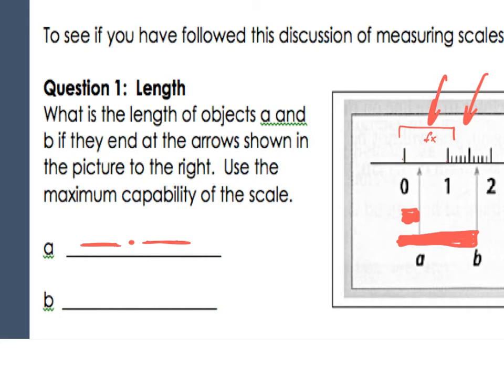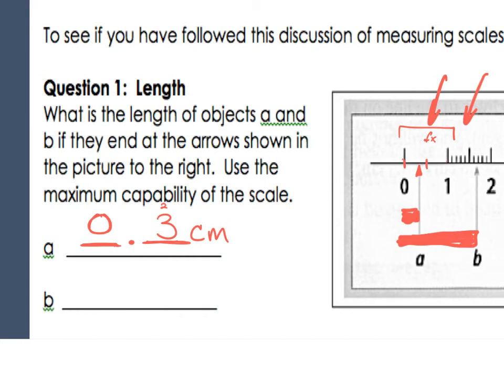Okay, so I look at this A, and I ask, how many of the ones does it go past? Well, it only goes past the 0, so I'm going to put that in the one spot. Then I look at this arrow here, and I see that it is less to me than halfway. So I'm going to likely put a 3 here. You might have also put a 2, but 0.3 centimeters.